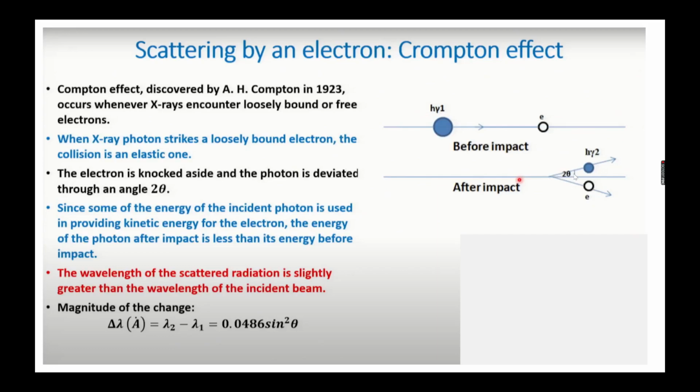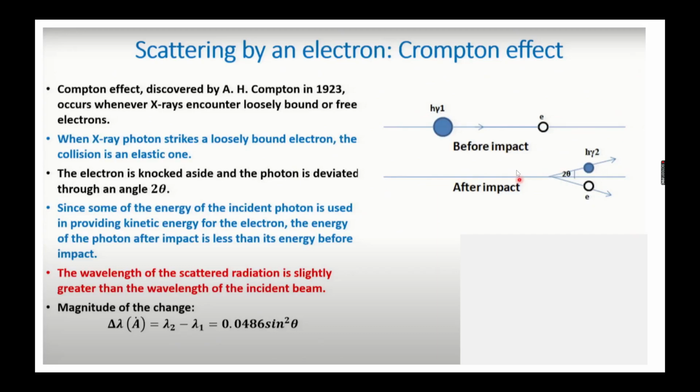What happens in this phenomenon is that the energy of the incident photon gives the kinetic energy, so that when it hits the electron, the electron can move or deviate.